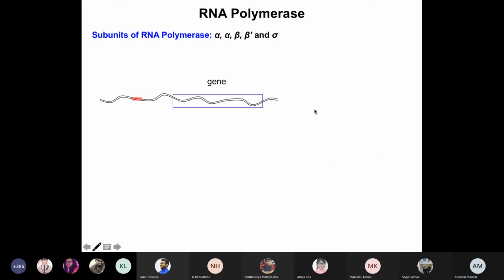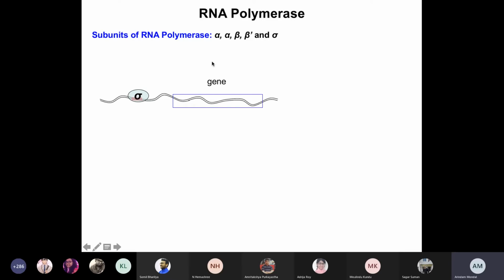Okay, now the RNA polymerase contains 5 different subunits. Okay, the alpha, alpha, beta, beta prime, and the sigma. So 5 different subunits. Now what happens is, first of all, the sigma subunit can recognize the promoter sequence specifically, whereas the alpha or beta, beta prime subunits have no sequence specificity.